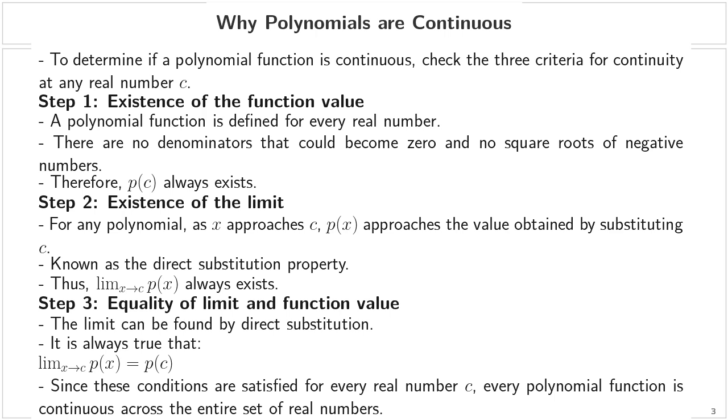Since we can find the limit through direct substitution, it will always be true that the limit of p of x as x approaches c is exactly equal to the function value, p of c. Because all 3 of these conditions are satisfied for every real number c, we can conclude that every polynomial function is continuous across the entire set of real numbers. This theoretical foundation is crucial, as it explains why the graphs of these functions are smooth and unbroken, which we will see applied to real-world physics trajectories in the next slide.